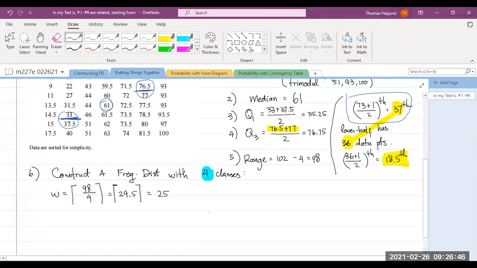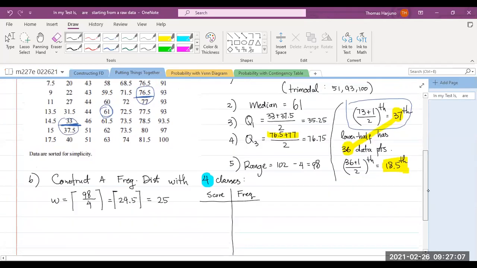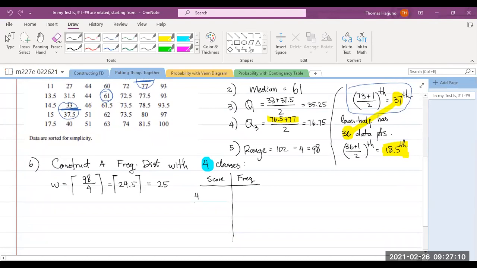Now, therefore, what happened with my frequency distribution? So the scores and the frequency: the first lower class limit is the minimum number, which is 4. 4 plus 25 is 29, plus 25 is 54, plus 25 is 79.